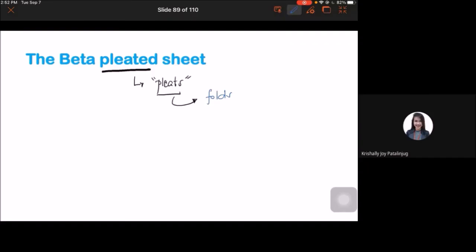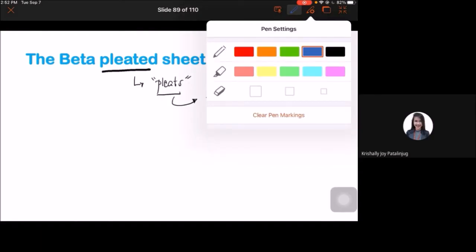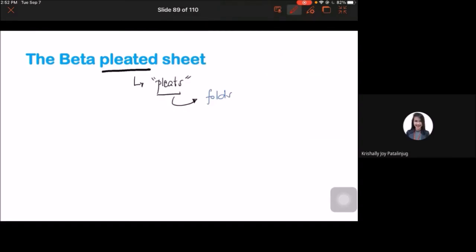Okay? Now, ano yung relevance nito? Ano yung importance ng term beta-pleated sheet? Recall na ang shape ng beta-pleated sheet is zigzag.